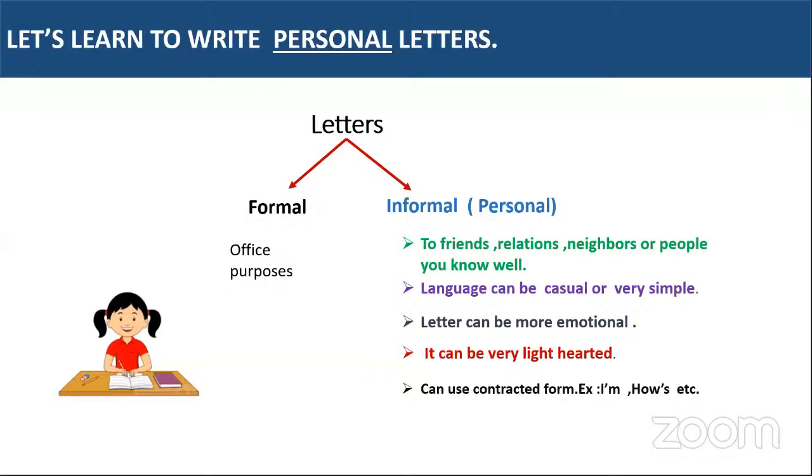What is contracted form? මොකක්ද මේ contracted form කියන්නේ? It is the shortened form, කෙටි. යෙදුම යොදා ගන්න පුළුවන් කෙටි form එක යොදා ගන්න පුළුවන්. What is it? If I tell you I am, what is the shortened form, the contracted form of it? I'm.